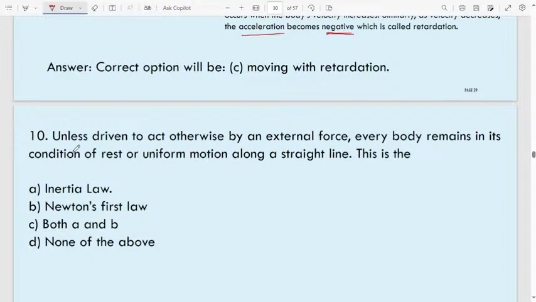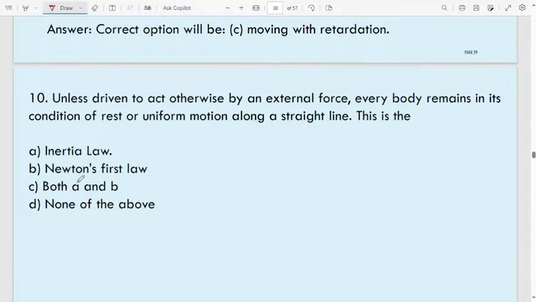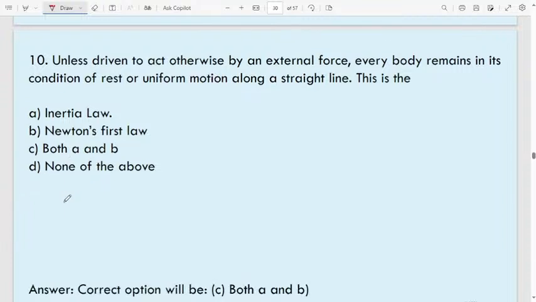Question number 10. Unless driven to act otherwise by an external force, every body remains in its condition of rest or uniform motion along a straight line. This is the option A, inertia law. Option B, Newton's first law. C, both A and B. Option D, none of the above.